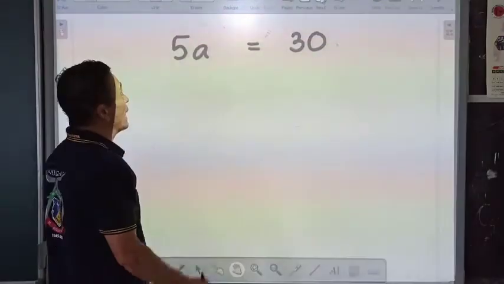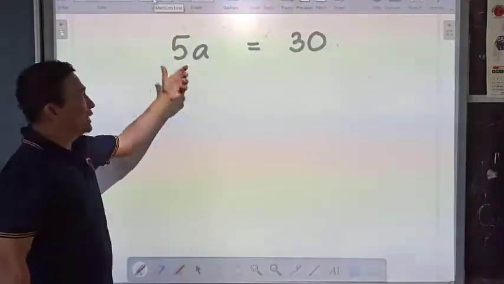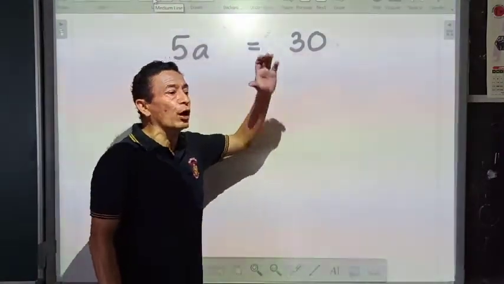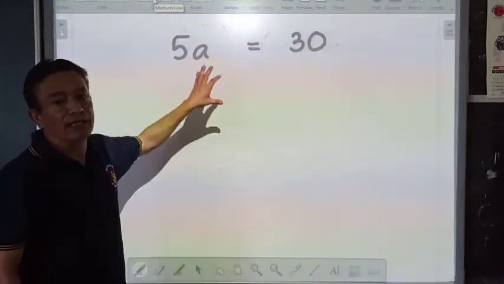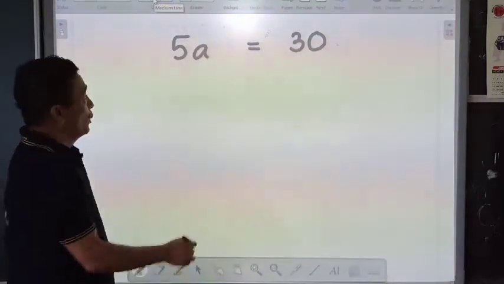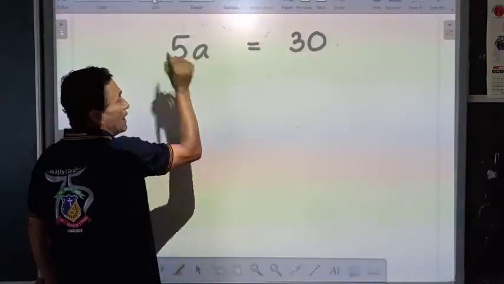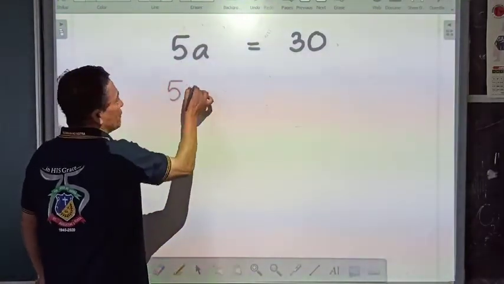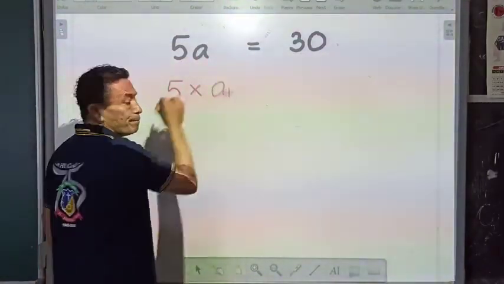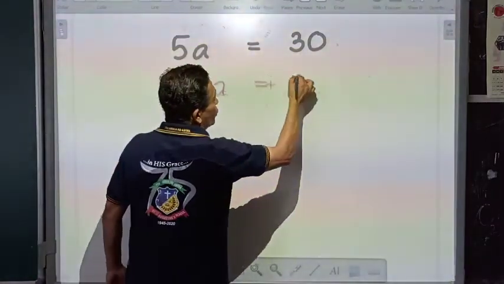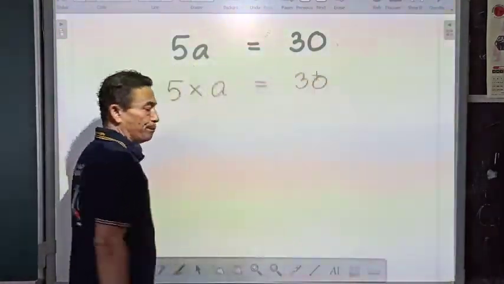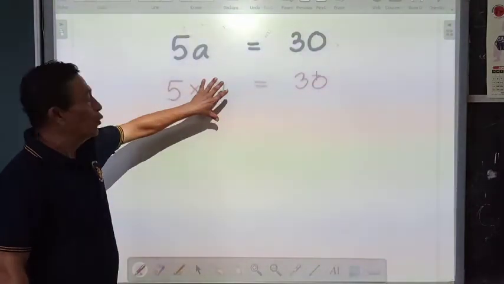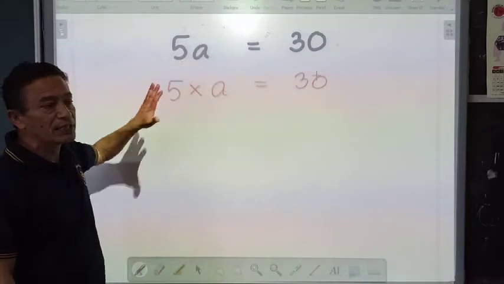Let's take one example here. You can see on the left hand side we've got 5a, on the right hand side we've got 30. We want to find the value of a. So from 5a, what we mean is 5 multiplied by a, which is equal to 30 on the right hand side. Now my intention is to find the value of a, which means I have to remove this 5.